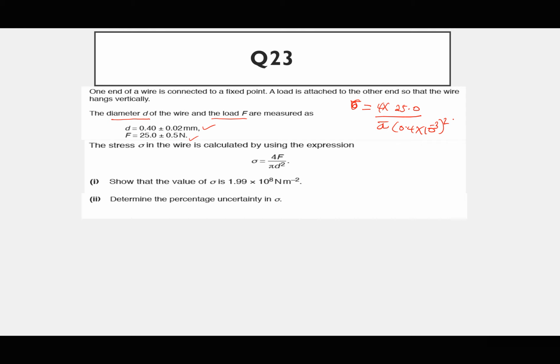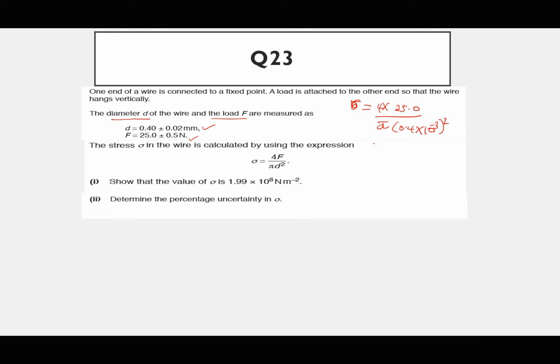4 times 25, divided by open brackets. You can first divide by pi, then brackets, 0.4 exponent negative 3, close the bracket, and square.